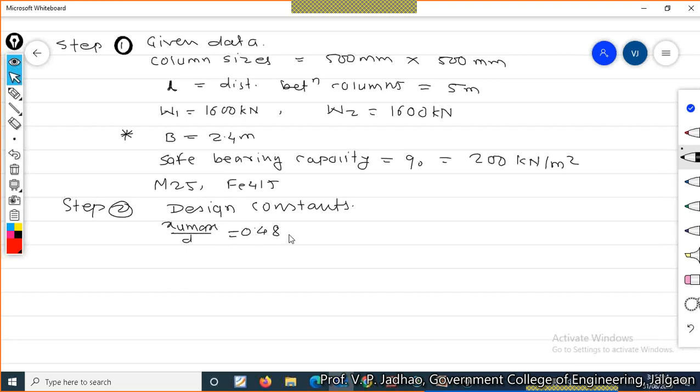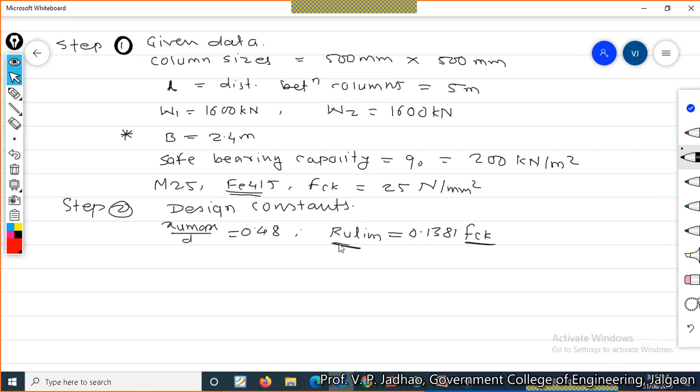Correspondingly, for Fe 415, the value of RU limiting is 0.1381 into FCK. We know the value of FCK: FCK is equal to 25 Newton per mm square.